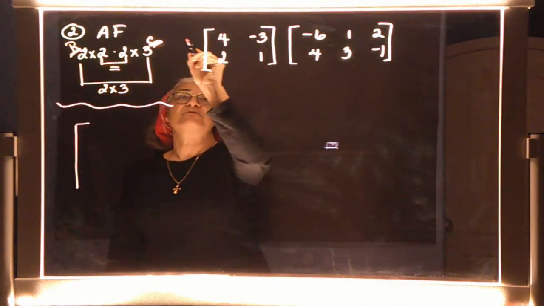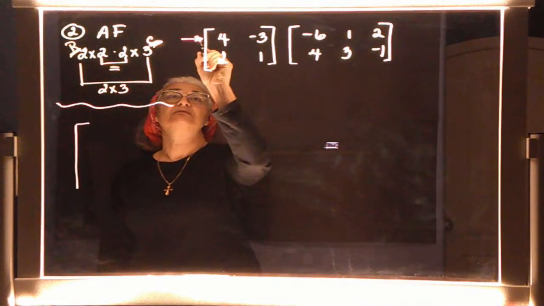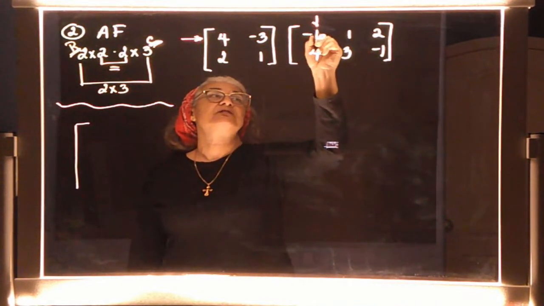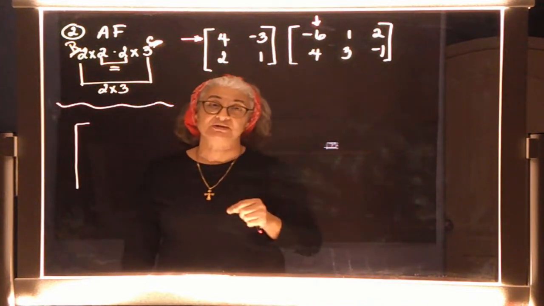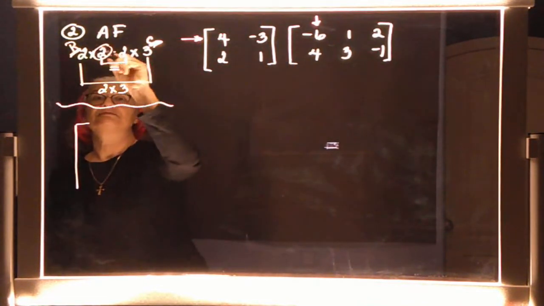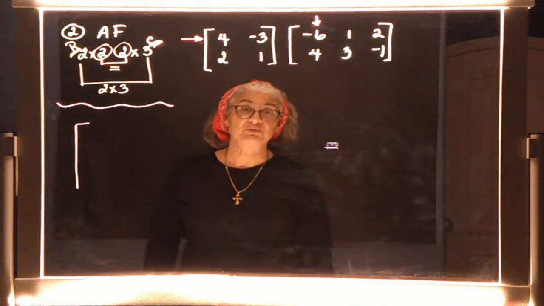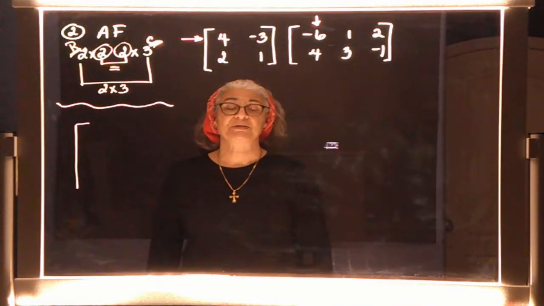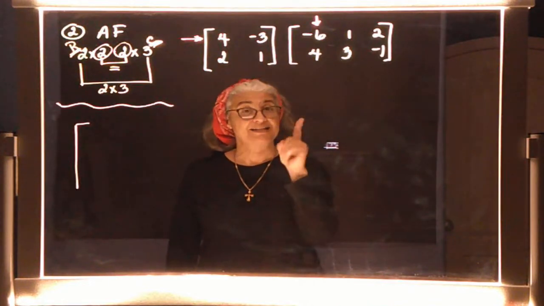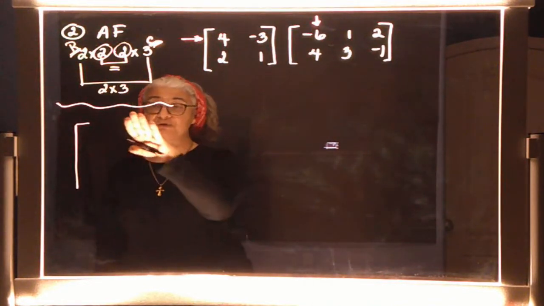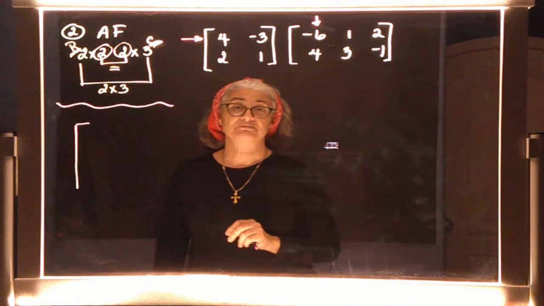I'm going to take this first row and distribute it to this first column. They both have 2 numbers in them, which is why I can do it. Okay? Since I'm multiplying the first row by the first column, the answer is going to go in the first row, first column position.